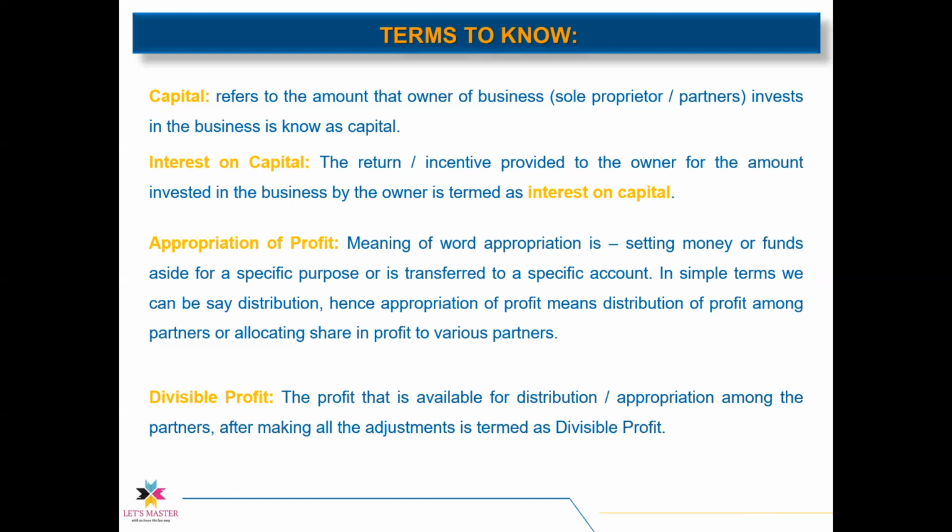In that section, we will discuss the different types of adjustments that we make to the net profit disclosed by the profit and loss account, and how we arrive at the figure of divisible profit. For now, you can just understand the profit which is available for distribution among partners or appropriation among partners is known as divisible profit.